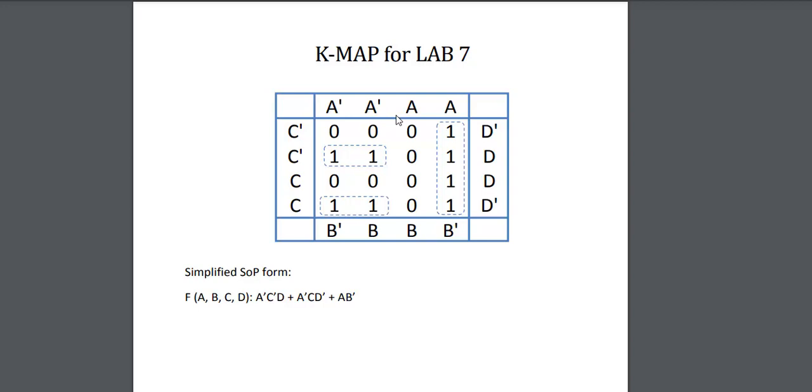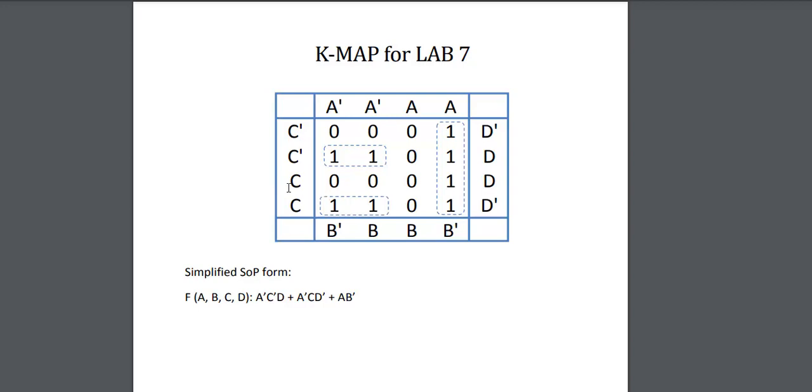Now the columns in this K-map represent AB and the rows represent CD. The first two columns are denoted by A complement, the last two columns are A's, the center two columns are B's, and the columns at the far left and far right are B complements.